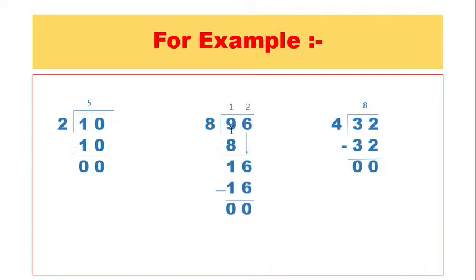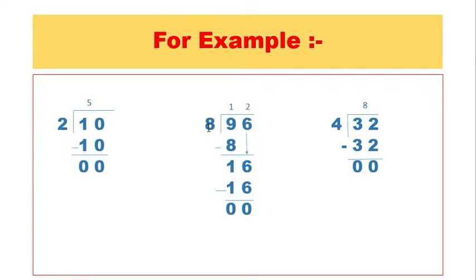Now minus: 9 minus 8 is equal to 1. 1 is less than 8, so we take another number. 6 comes down, making 16. Students, we can find 16 in 8's table.